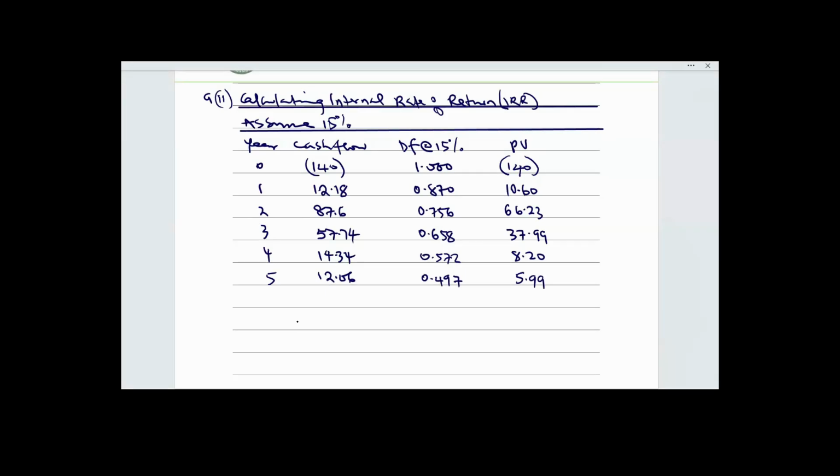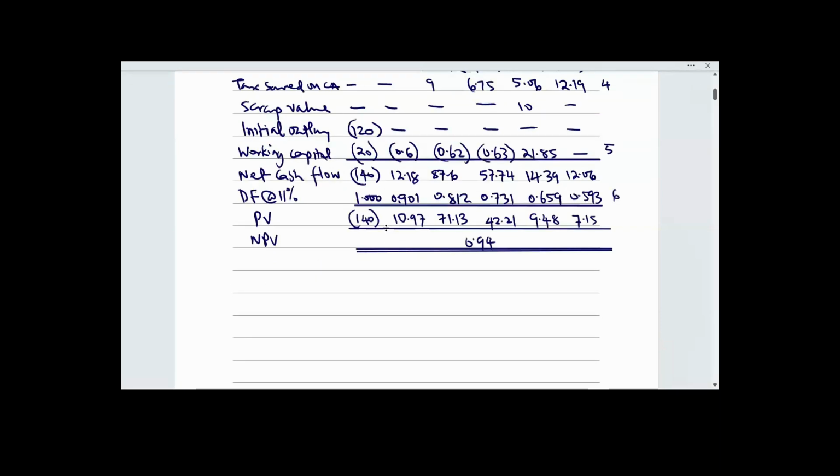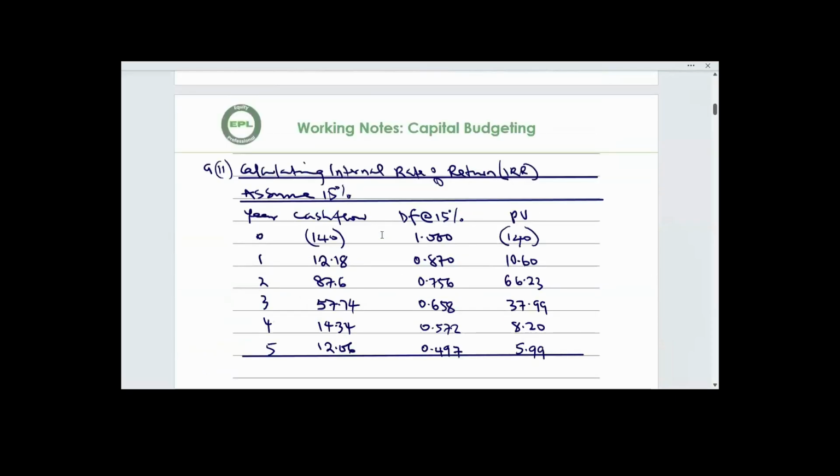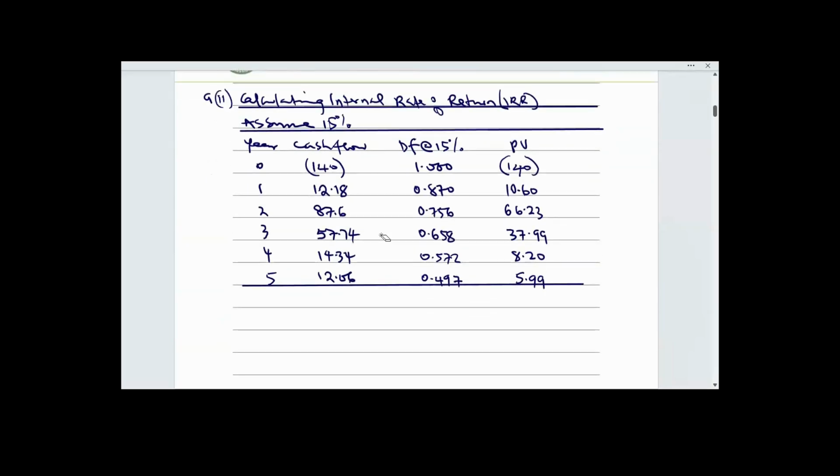Minister of Finance, talk to me, please. Sir, year 4 is 14.39. The cash flow. Oh, error of mine. Thank you. That's how students make mistakes. You won't know. You think you are picking the right number. That's why it's good, once you have picked the figures, to cross-check again before you conclude and move to the next one.